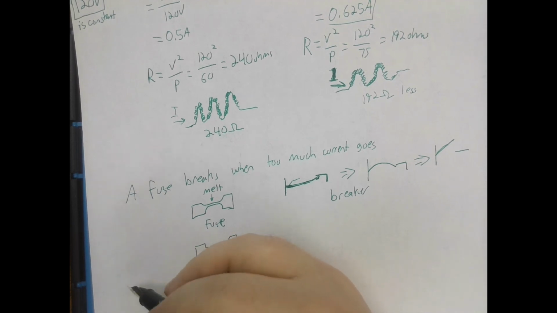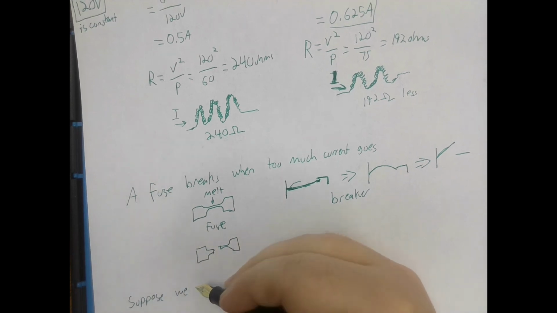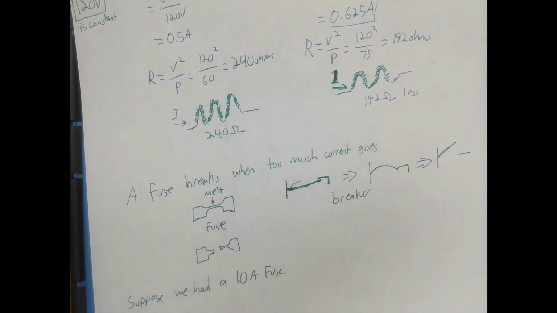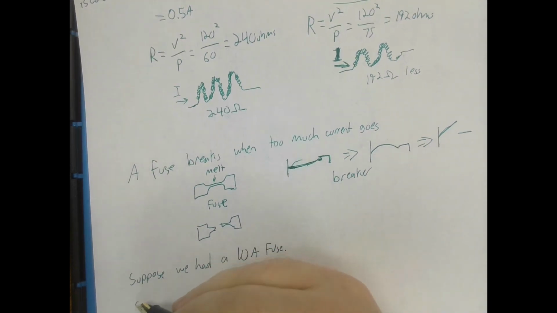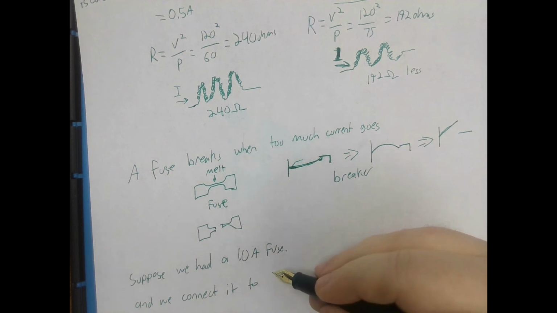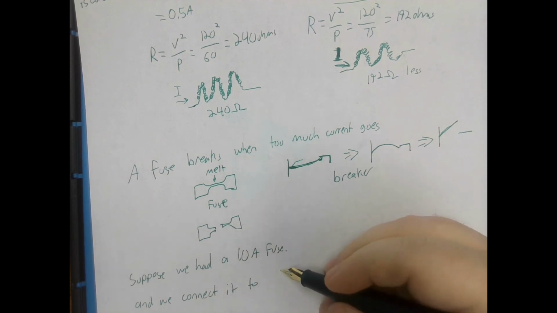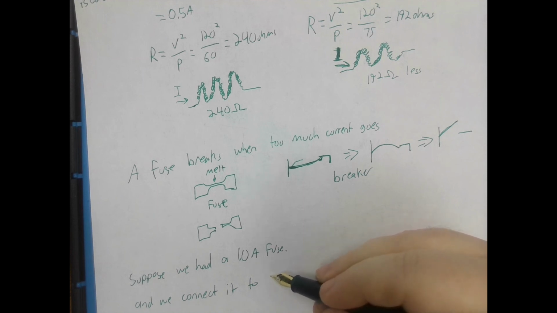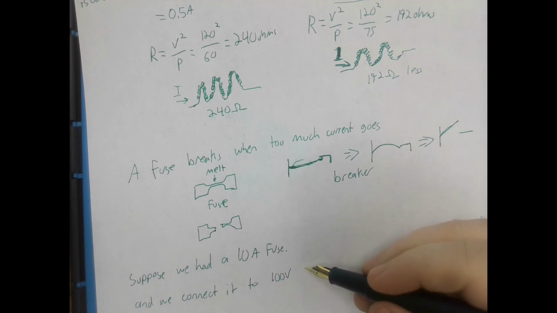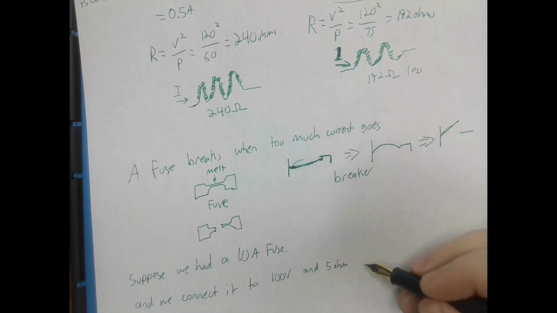So, for example, suppose we had a 10 amp fuse, and we connect it to 100 volts and a 5 ohm resistor.